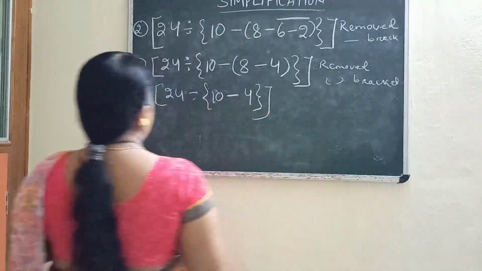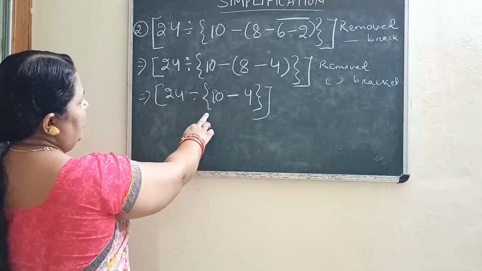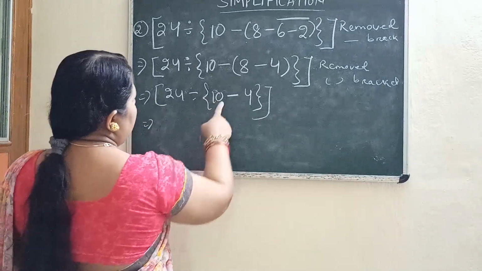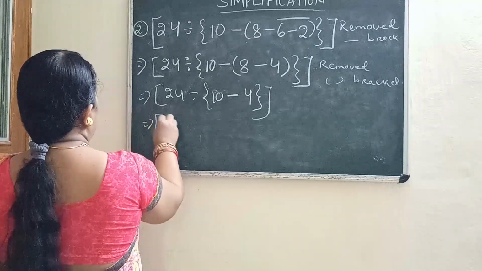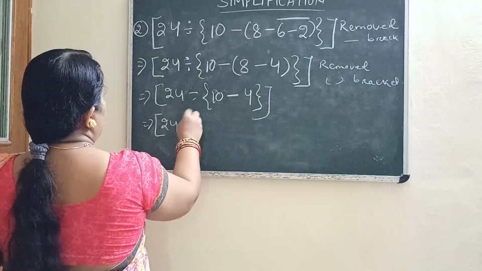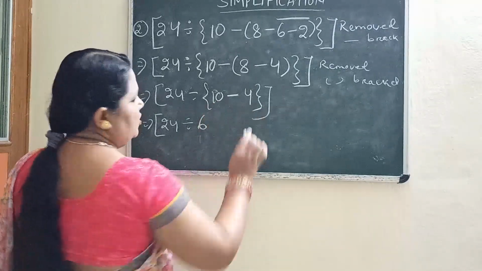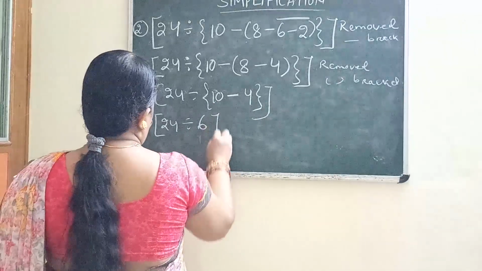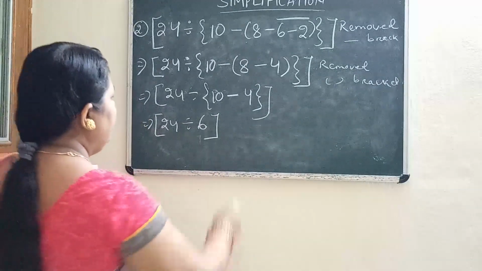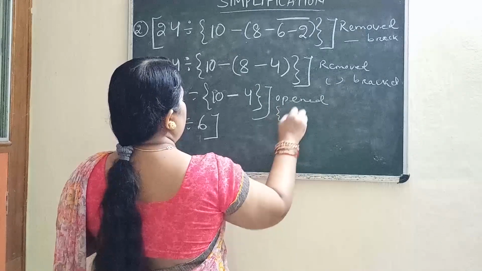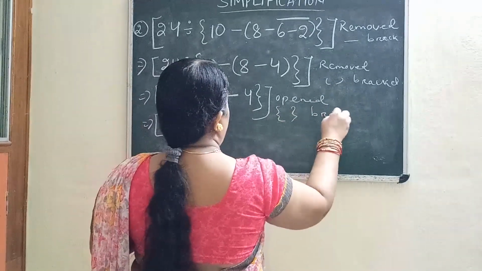Third step, which bracket next? This curly bracket. Beside this, how much is there? 10 minus 4. The rest write as it is, 24 divided by 10 minus 4, how much? 6. That means this bracket is also removed. This is your last step, and mention here opened curly bracket.